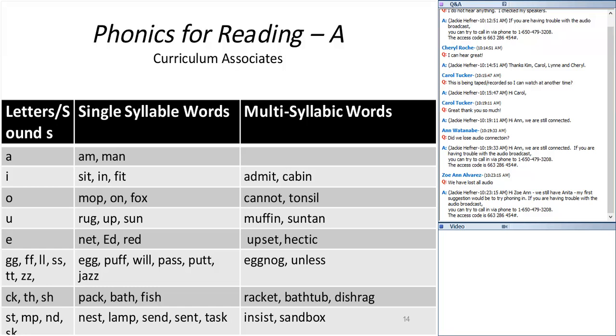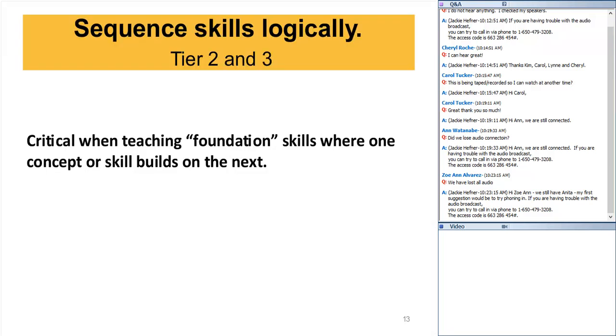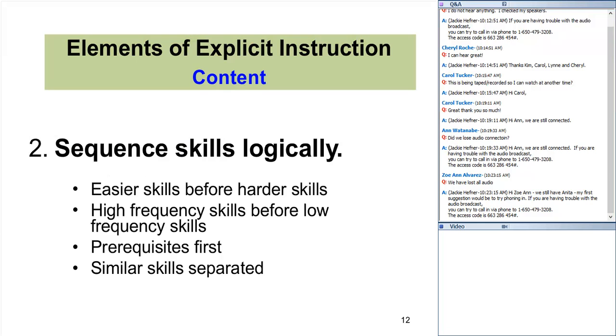And then we introduce having, well, let's just look at that. So you might say, well, why isn't it A-I-E-O-U? Well, that standard order would make I and E together. And one of the things that we know, let me just go back here for a minute, is that we want to separate things that are very similar that could confuse.